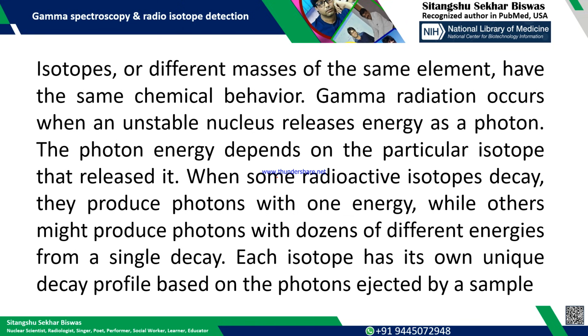Their chemical behaviors are the same, but their atomic level structure and behavior is quite different. The gamma radiation occurs when an unstable nucleus releases energy as a photon. This photon energy depends on the particular isotope from which it is getting released.